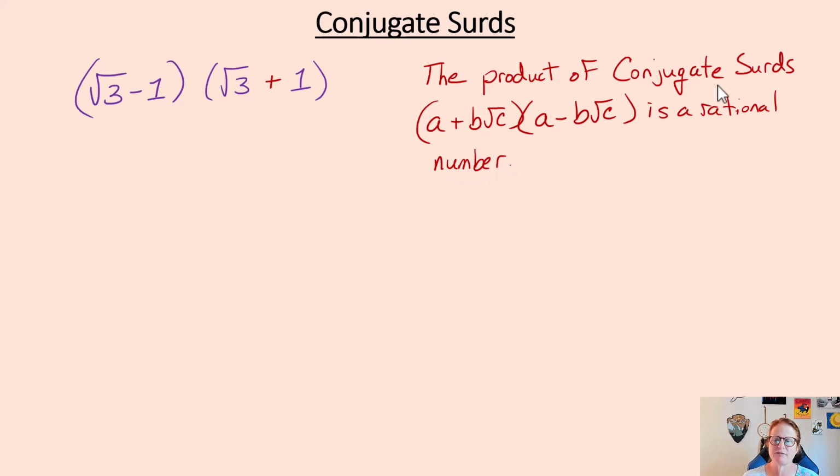So this is the definition. So if I have one plus and one minus, same terms, square root of 3 and 1, just one operation is minus, one operation is plus.